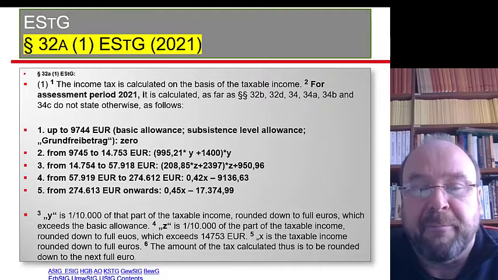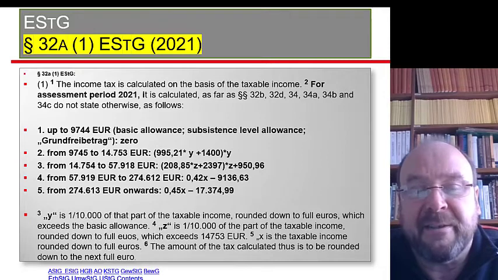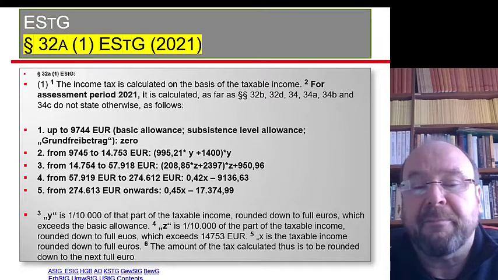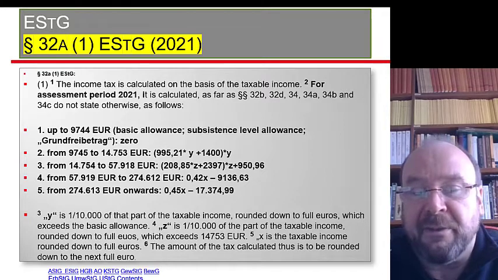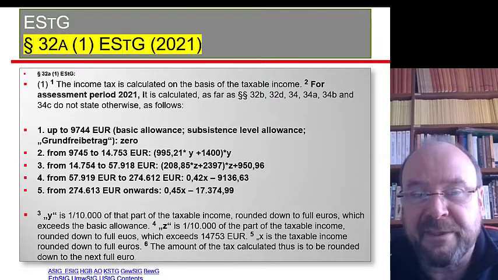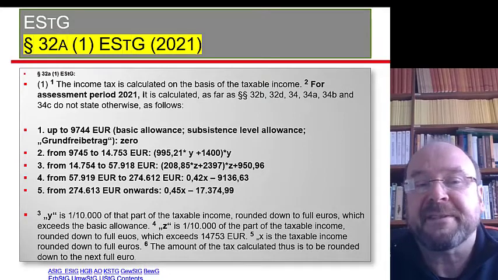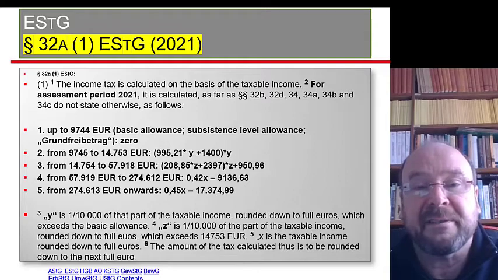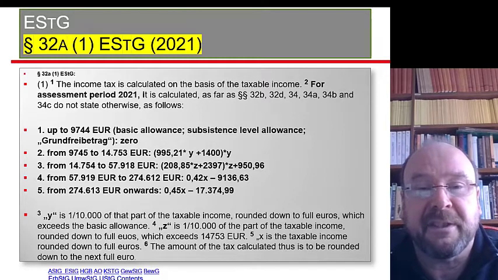That is that part of the taxable income which exceeds the beginning of the threshold of the bracket, rounded down to full euros, and then divided by 10,000. So this is the formula which we need. It sounds a bit complicated, and so we have to do some calculation steps.